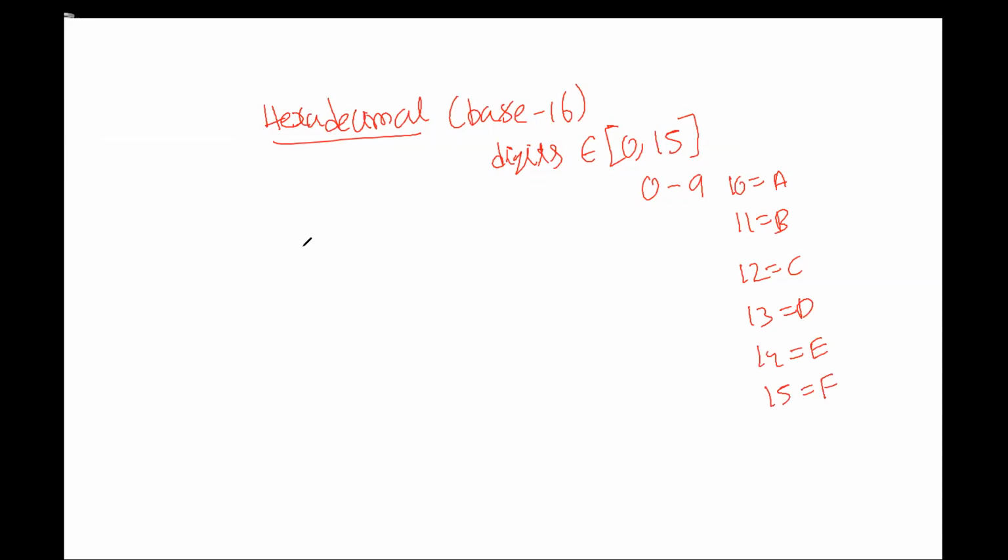So if we have a number, for example 1A0 in base 16, its value is 1 times 16 square plus A times 16 power 1 plus 0 times 16 power 0. How much is this? 16 square is 256, right?